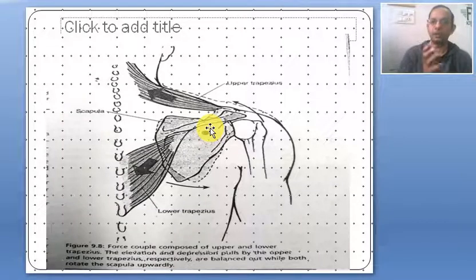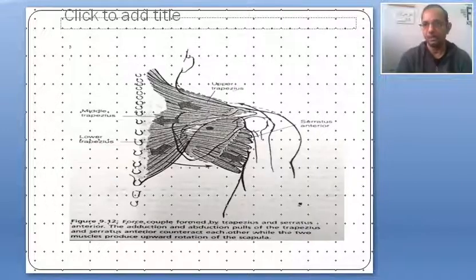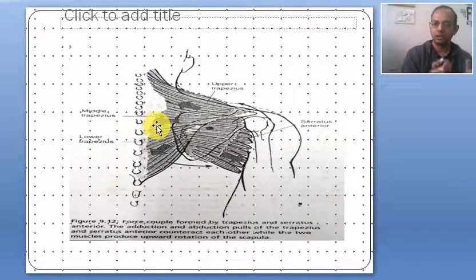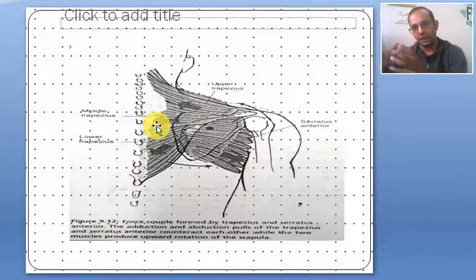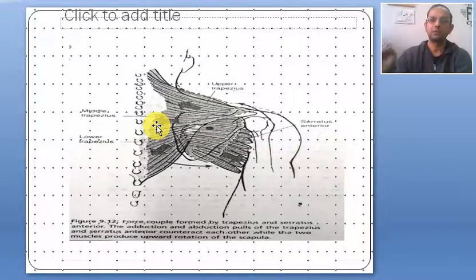Okay. Now when the middle trapezius is contracting, we know it is adducting the scapula. So that adduction of the scapula is produced by the middle trapezius muscle contraction, and serratus anterior is the abductor of the scapula. So the force vector of the serratus anterior, which is causing the abduction of the scapula, is cancelling out the adduction force vector of the middle trapezius.